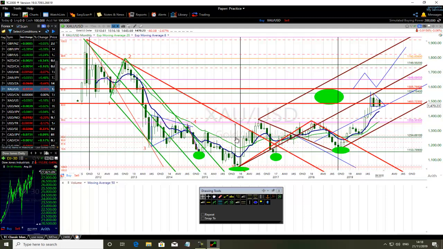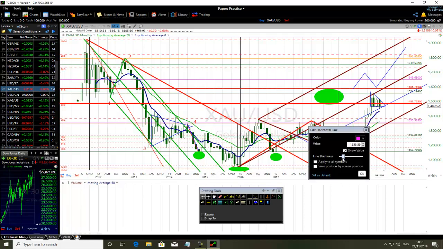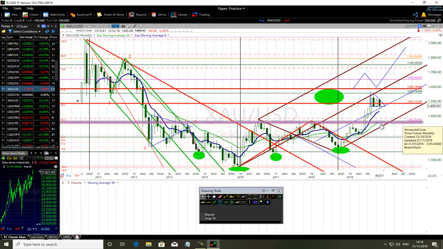By measuring the depth of that pattern, our neckline was this one here. Traders that have been following already have that on their chart. The neckline is at 1355.59, having an inverted head and shoulder chart pattern.